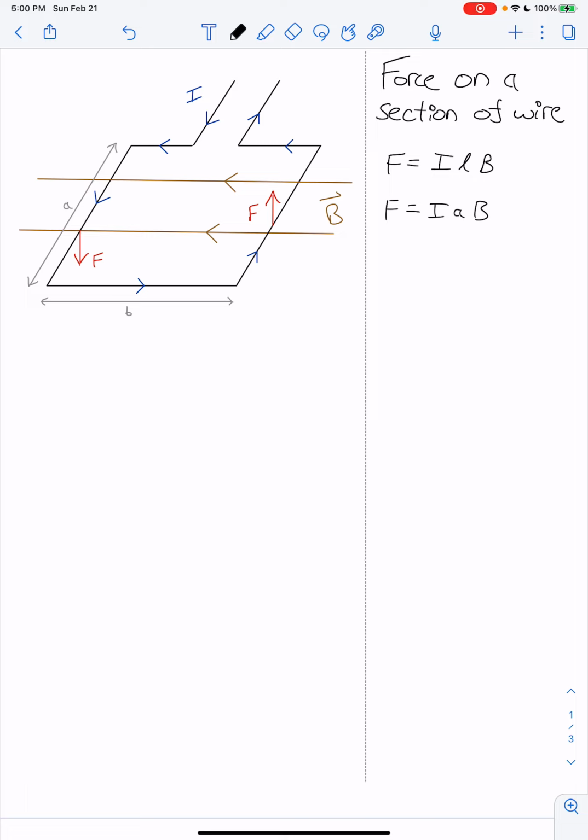Now let's assume this wire is on a pivot, able to rotate. Then there's going to be a torque.